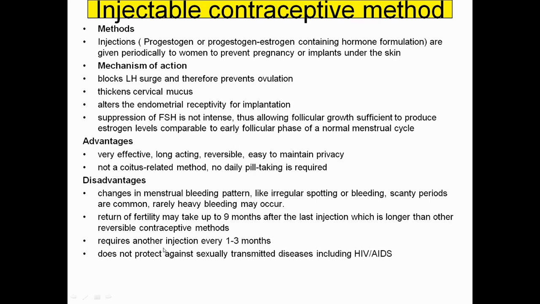It requires another injection every 1 to 3 months. It also does not protect against sexually transmitted infections like HIV and AIDS. So this does not provide any sort of safety to the user in terms of STDs or STIs.